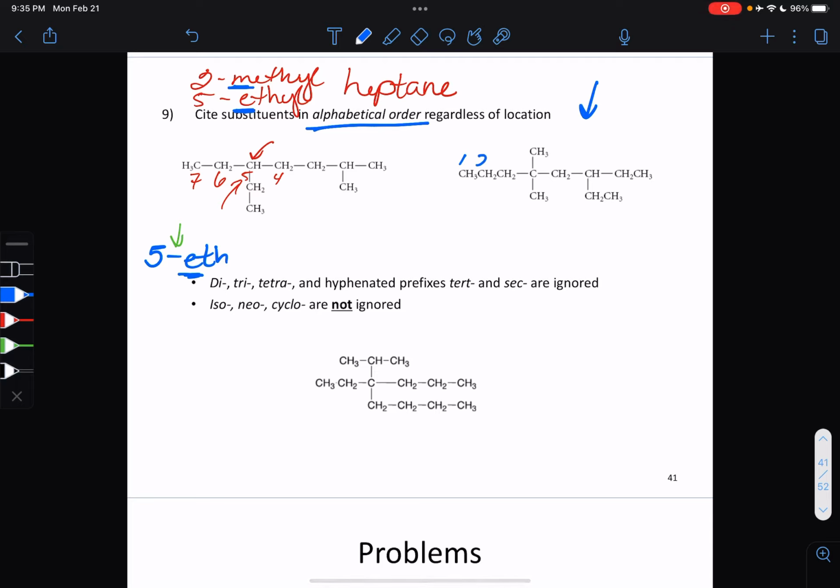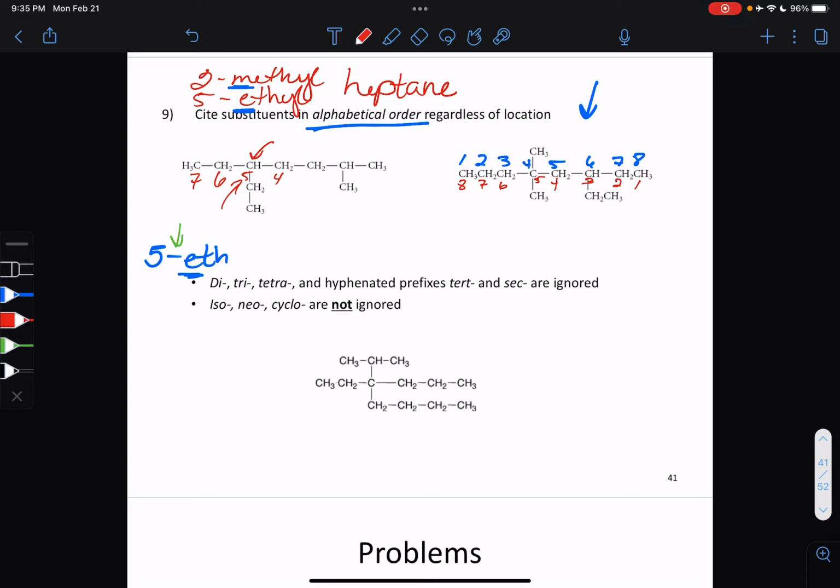So 1, 2, 3, 4, 5, 6, 7, 8. Then we would have a couple of methyl groups hanging off of carbon 4 and an ethyl group hanging off of carbon 6. What if we numbered backwards? We'd have 1, 2, 3, 4, 5, 6, 7, 8.